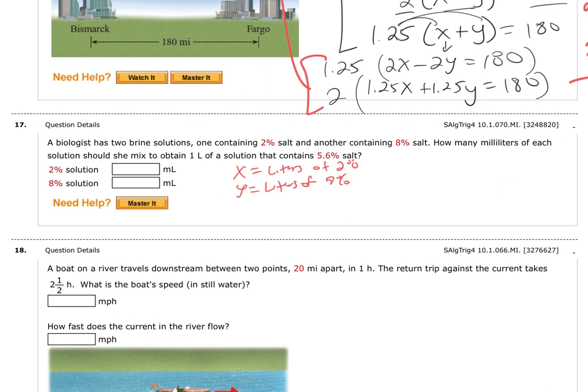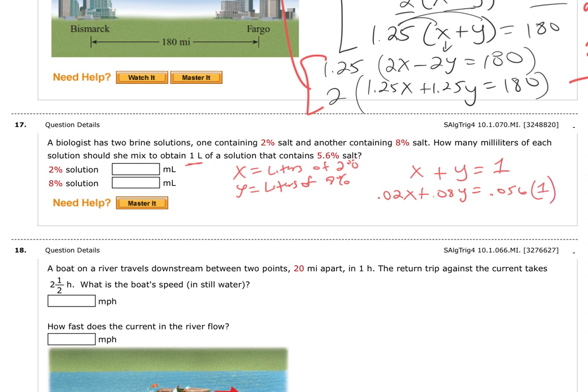And I know that if I combine this many liters with this many liters, I'm going to end up with 1 liter. I also know that I need a certain amount of the 2% and a certain amount of the 8% to get 5.6% of that 1 liter right there.